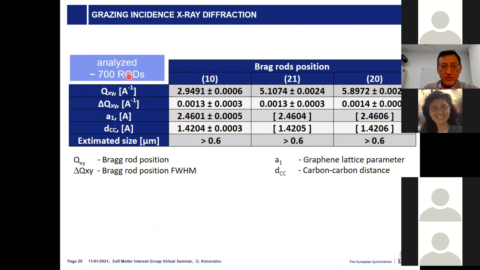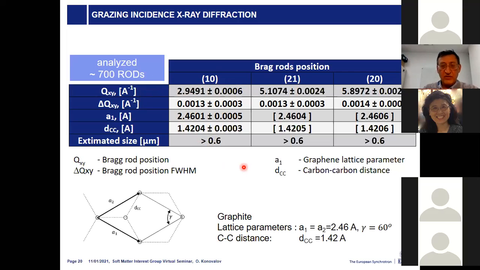From these rods, we are able to calculate the position of the peaks and the lattice parameters of graphene. The error bars for the Q vector, the lattice parameters of graphene and the carbon-carbon distance are calculated as a statistical error from these 700 rods, so this is quite good accuracy.